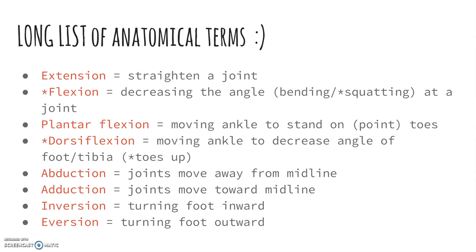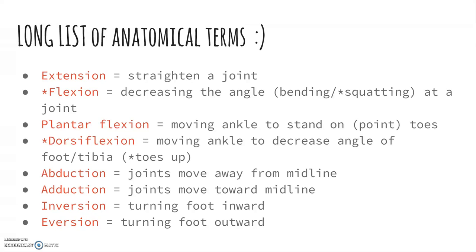All right, moving on. These terms have to do with movement. Okay, extension means to straighten a joint. So if I extend my arm, I've straightened out my arm. Flexion, here you are decreasing an angle between the bones of the joint.